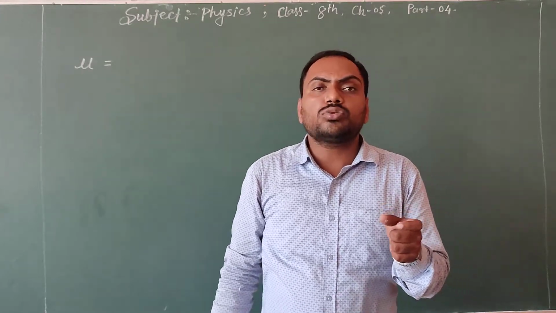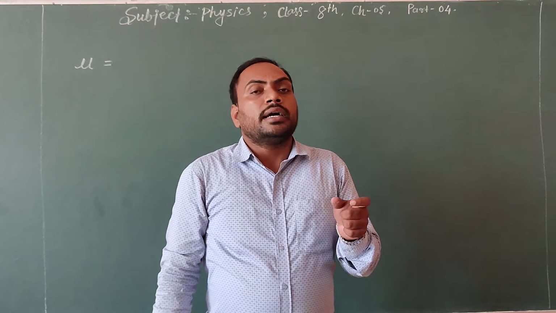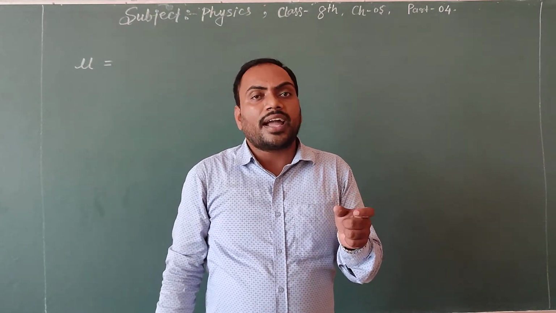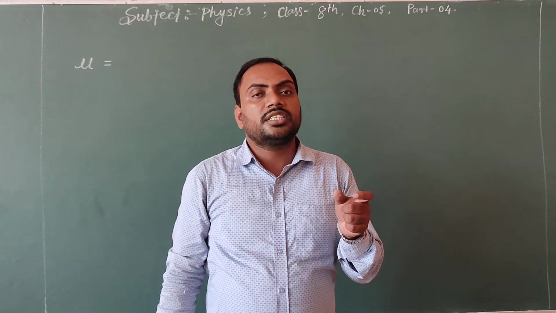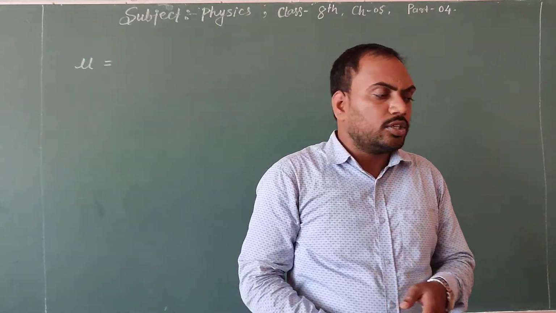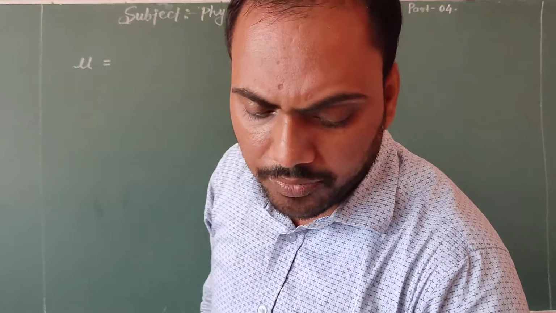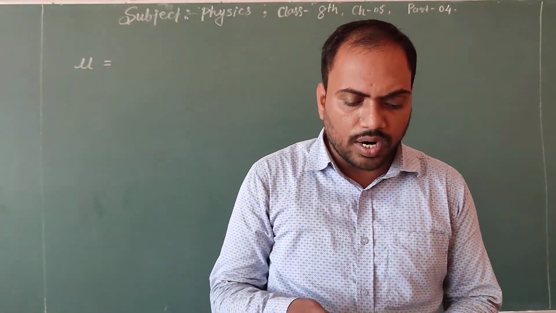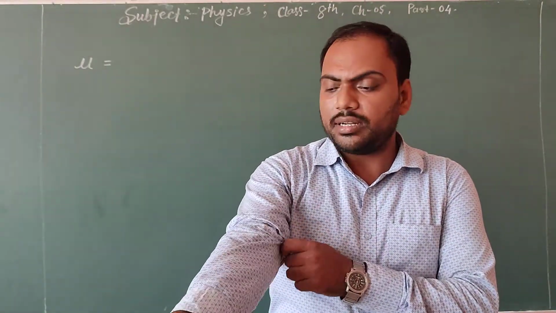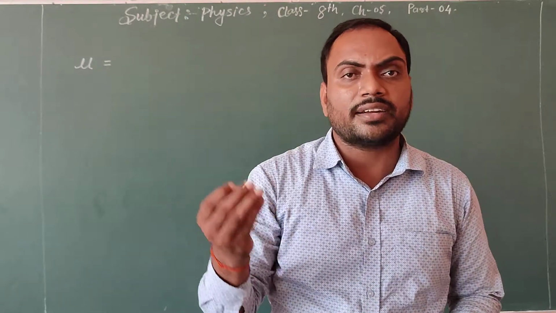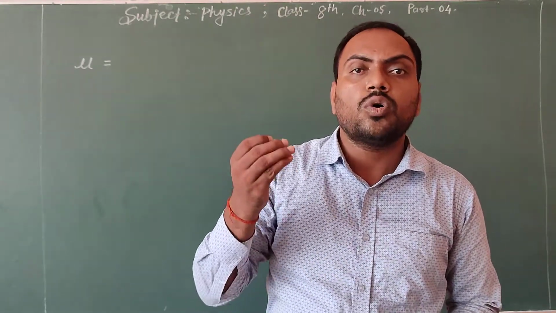We can also say it is the relative refractive index with comparison to vacuum. So we can state it as absolute refractive index, or relative refractive index with respect to vacuum.